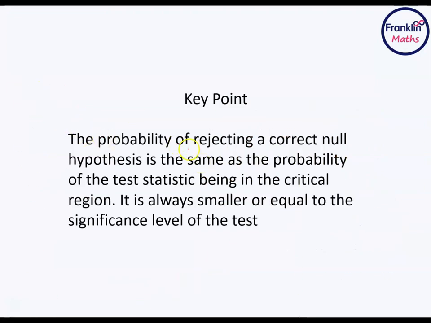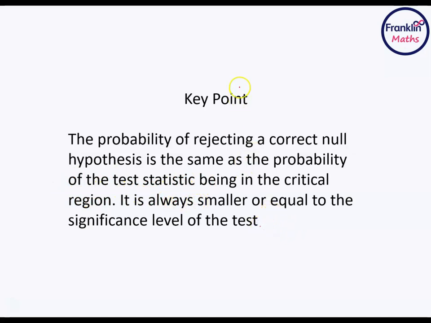The probability of rejecting a correct null hypothesis. So the null hypothesis is correct, but we rejected it, possibly down to sampling, something like that. That is the same as the probability of the test statistic being in the critical region. It is always smaller or equal to the significance level of the test.